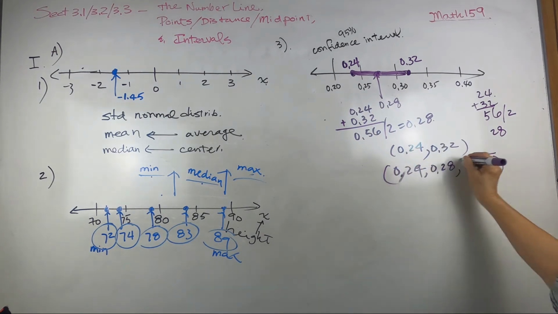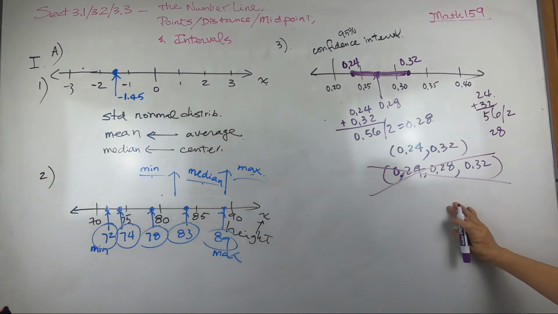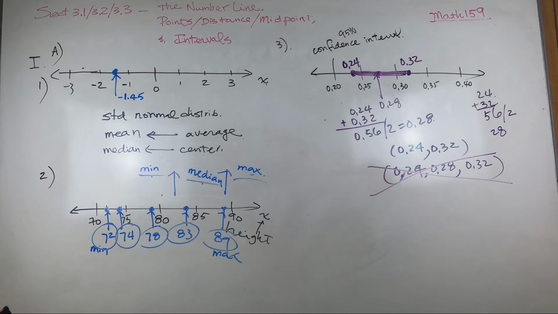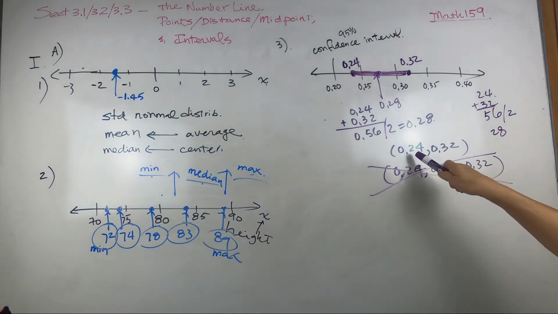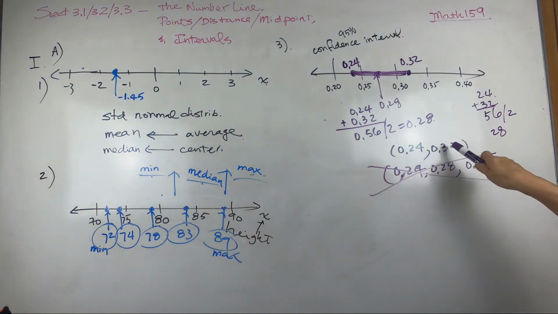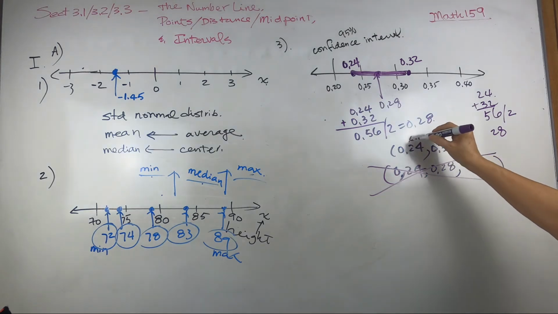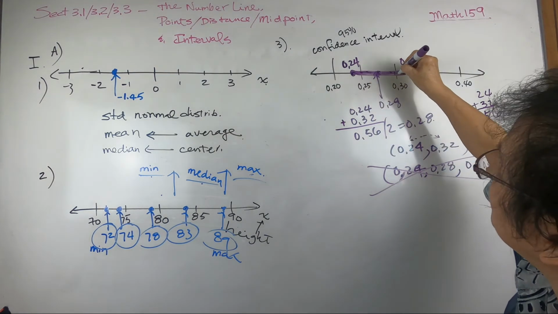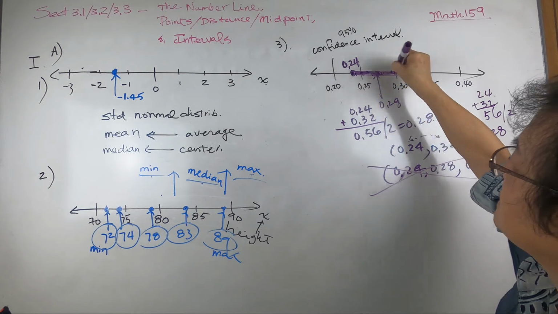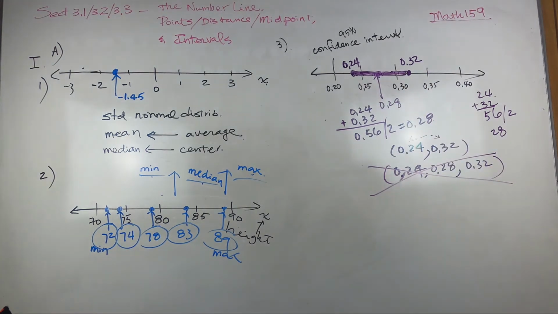We don't do that. Okay, interval notation means what? You write from the beginning point to the ending point, which includes everything in between. That's called interval notation.